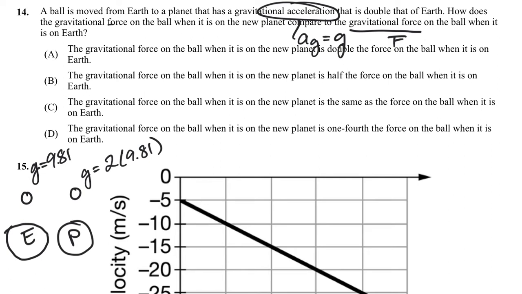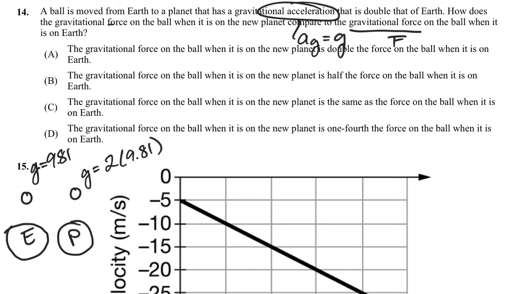So we can use our F equals ma equation and use the modification of the equation, which is F of g equals mg. So this is gravitational acceleration, and this is gravitational force, right? I ran out of space.